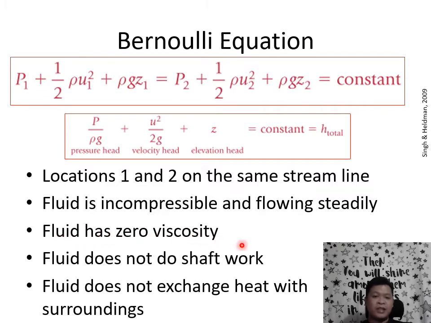Fluid does not do shaft work, parang wala siyang tineturn na, let's say turbine para mabawasan yung energy niya at ma-transmit dun sa turbine, and that negligible yung heat exchange with surroundings such that not a significant amount of energy is being turned into heat as, let's say, friction or what, or simply because may thermal gradient yung fluid mo tsaka yung surroundings. So, ina-assume natin itong mga to when we're working with the Bernoulli equation.